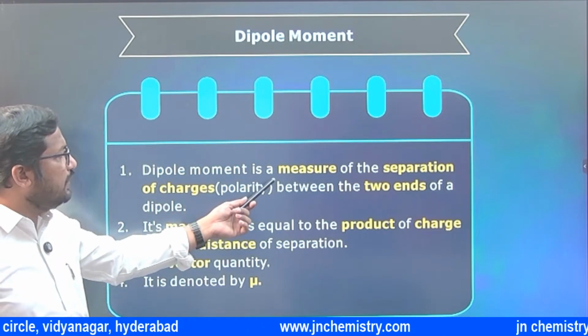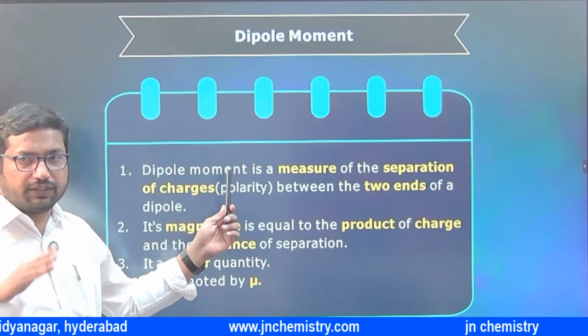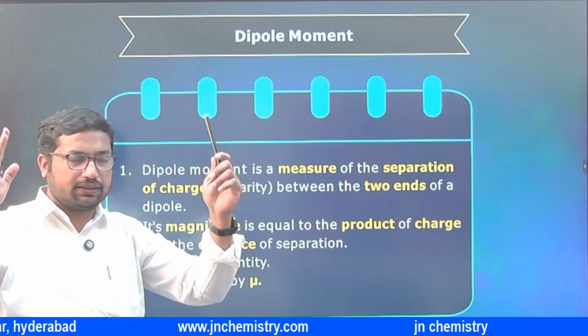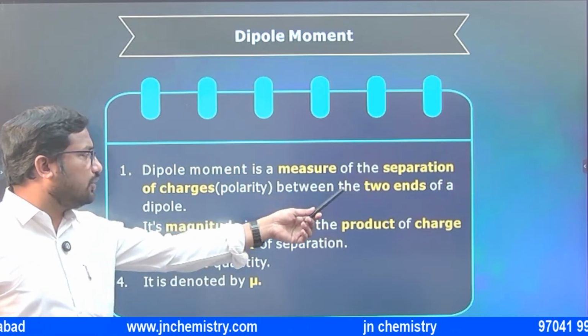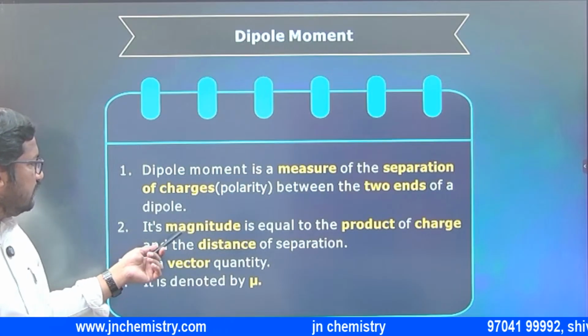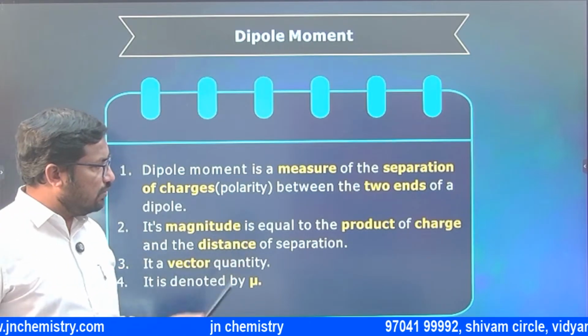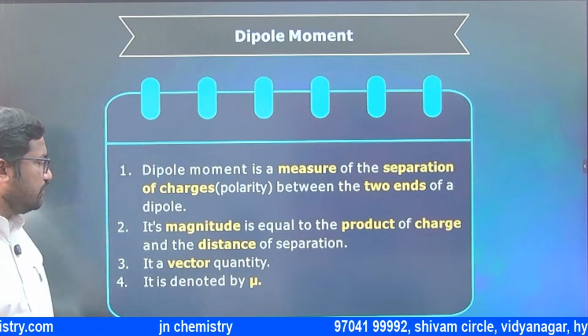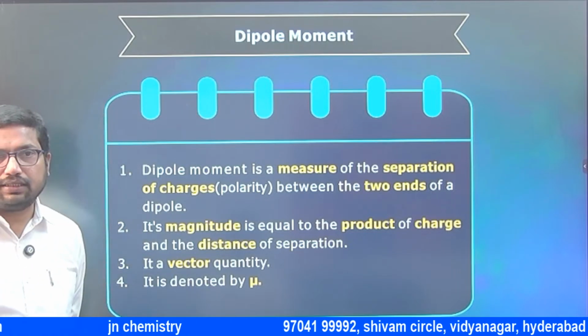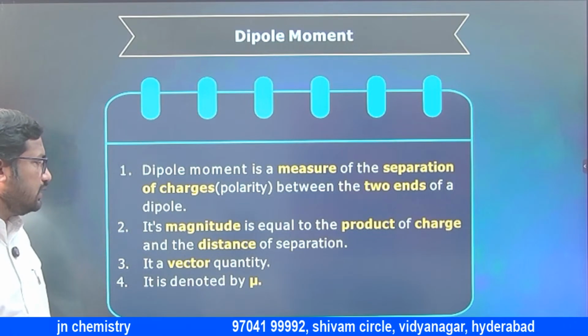The dipole moment is a measure of the separation of charges. One is a positive charge, one is a negative charge, and the separation of charges is between the two ends. So it's the magnitude, right? Dipole moment is the product of charge and distance. Mu is equal to the charge times the distance.